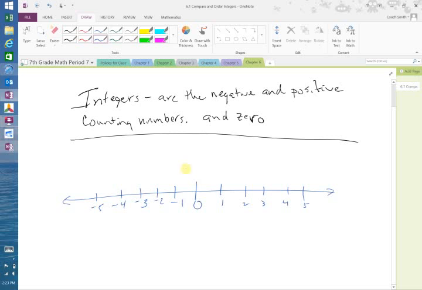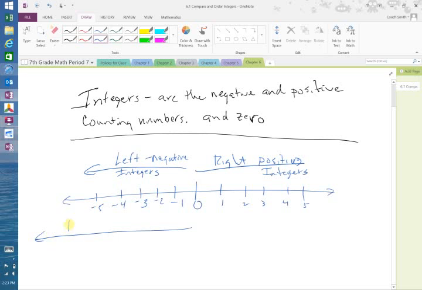To the left of 0 are the negative integers. To the right of 0 are the positive integers.